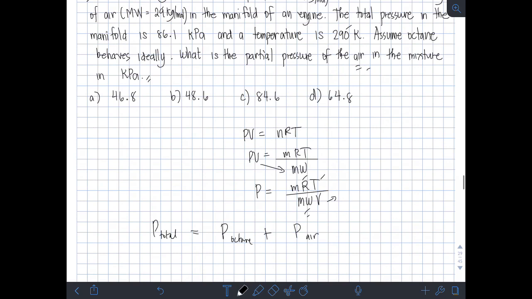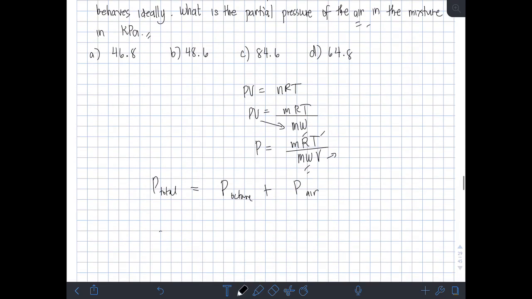So, 86.1 kilopascal equal, using the formula, dito muna sa octane. Mass nung octane times universal gas constant times temperature nung octane divided by molecular weight nung octane times volume nung octane.